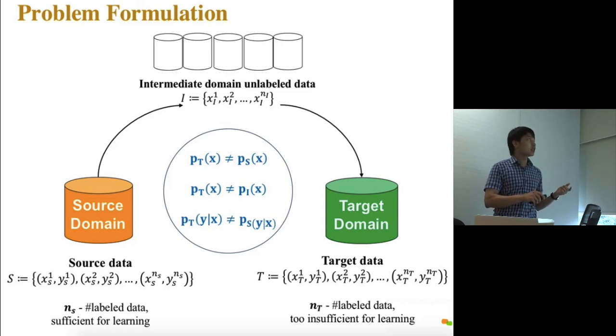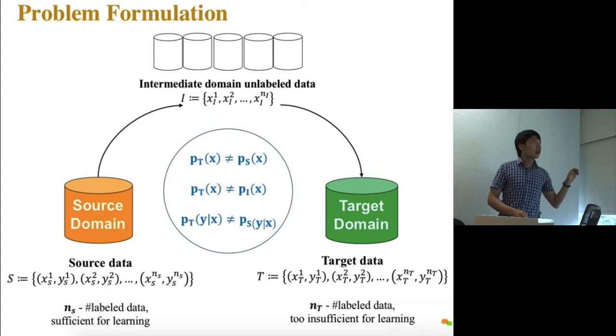And the assumption is that you can have the same feature space, but the data distributions are not the same between the target domain and the source domain. So first of all, because you don't have enough data, and because you don't have a similar distribution, you cannot use a traditional supervised learning algorithm to build the classifier from the source domain to the target domain.